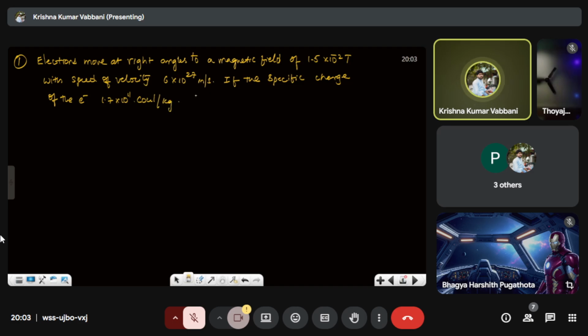What is it asking? It asks to find the radius of the circular path.